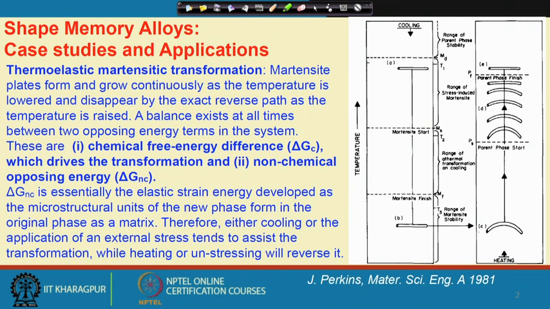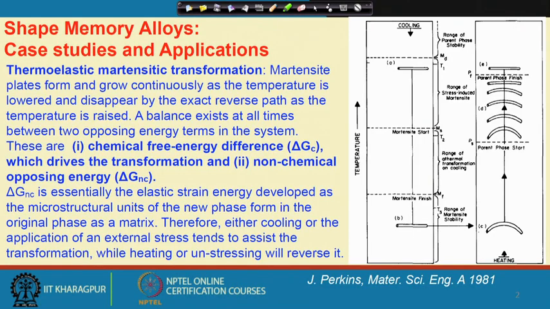Now, I already told you that this martensitic transformation in the case of a shape memory effect is expected to be thermoelastic in nature. Here thermo means thermal stress that gives the driving force, as well as the elastic part, which also contains another driving force for this transformation.